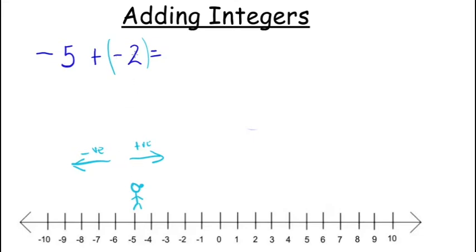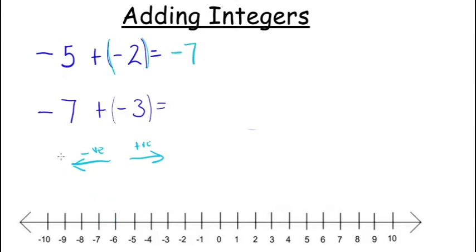If it is a positive, he will jump forward, and if it is a negative, he will jump backwards. It's a negative 2, therefore he will jump 1, 2 spaces backward. Therefore, negative 5 plus negative 2 is equal to negative 7.